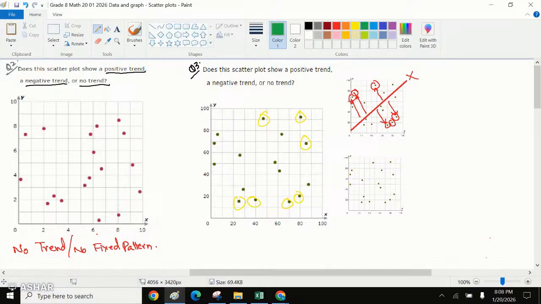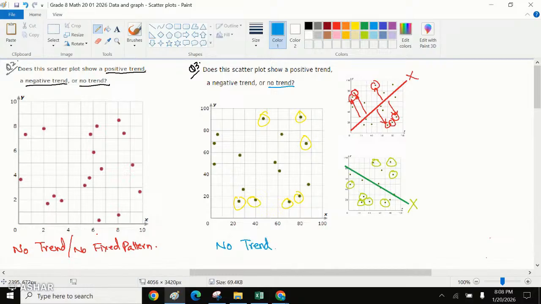But if we want to say this is a negative trend, if we draw a line something like this, still we can see there are points far away from the line. So we cannot use the entire data. That means it's still not a negative trend, right? It cannot be a positive, it cannot be a negative. That means we say there is no trend.